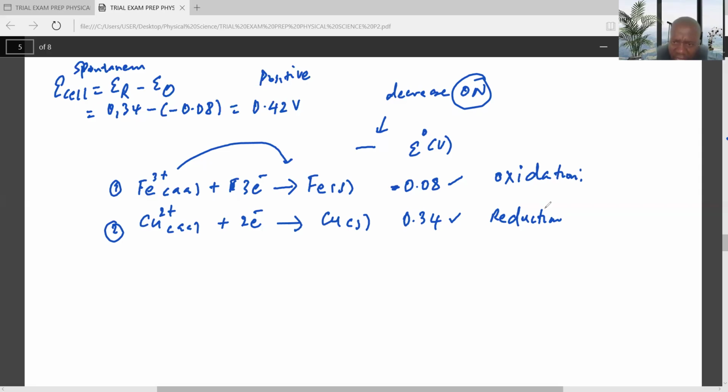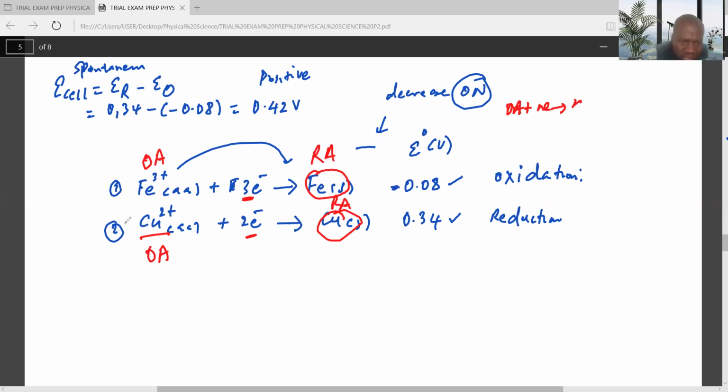Now look at this. Both of these are written as reduction, but we need to rewrite them correctly. Remember, where there's a number of electrons, it means this is our oxidizing agent. Even this also is an oxidizing agent, because oxidizing agent plus the number of electrons would be a reducing agent. But within the two, I wanted to show you something.